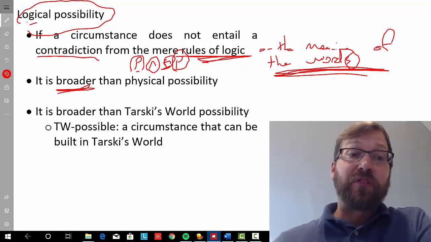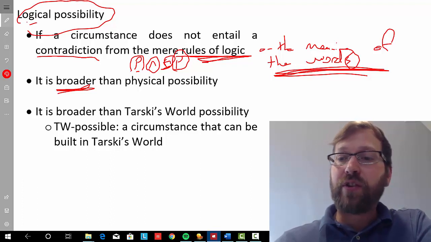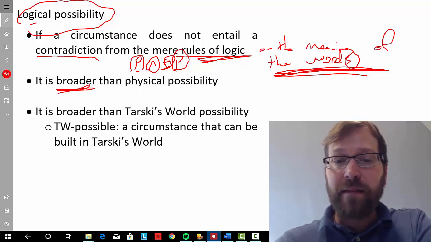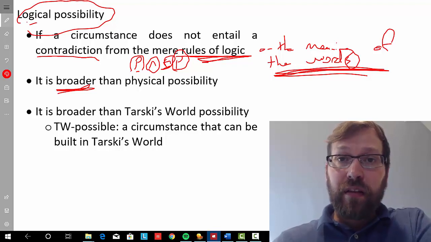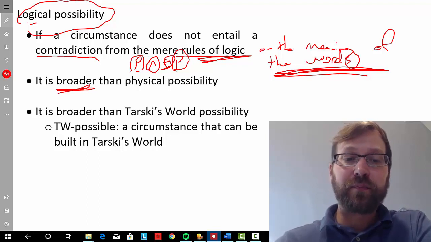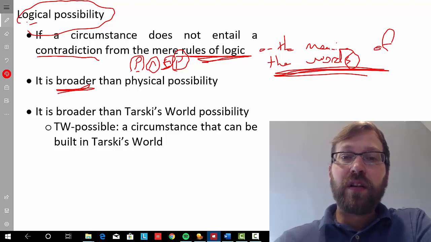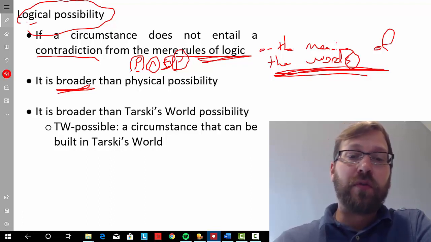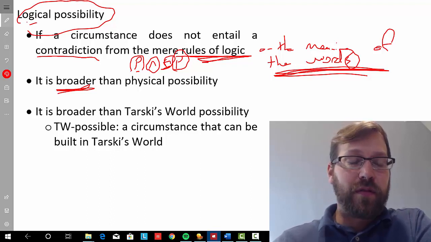So it's logically possible for us to accelerate past the speed of light, since the rules of logic and the meaning of the words don't prohibit that, don't get us into a contradiction. Nevertheless, there's something about our physical world that makes that impossible. Whereas, of course, it's physically possible in our world to move around or engage in all sorts of other behaviors.